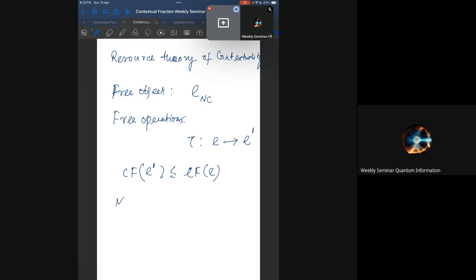And the monotone is the contextual fraction itself.